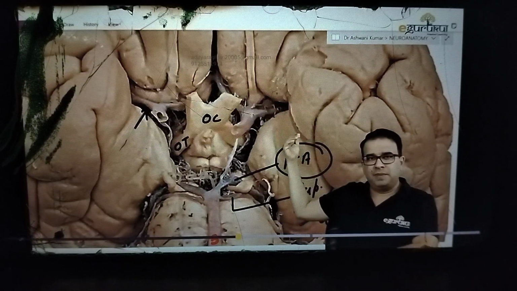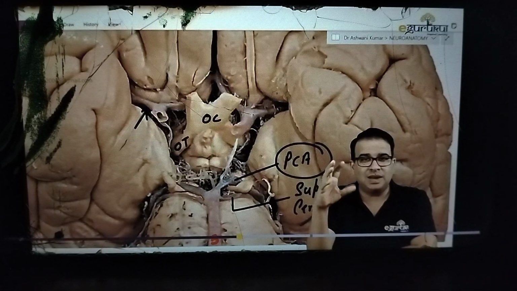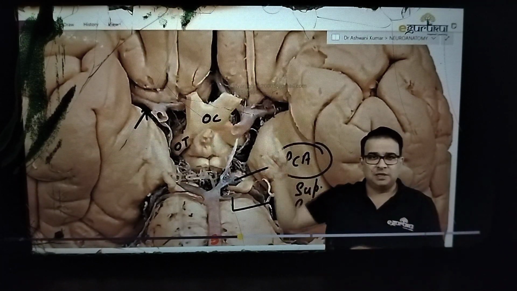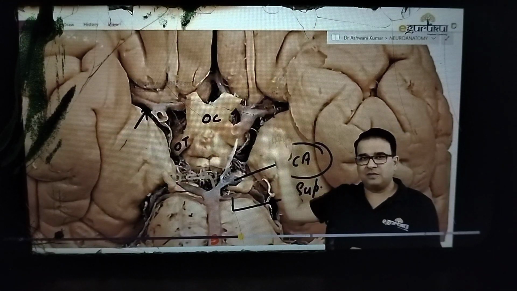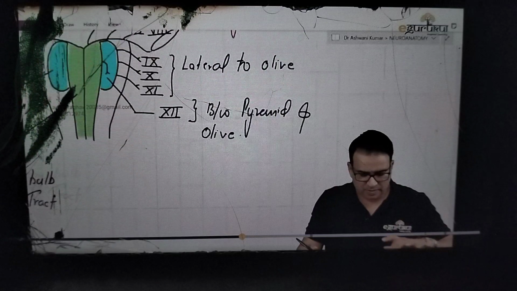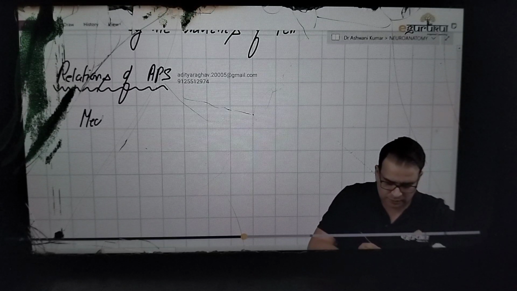And more behind that, or posterior to that, we have a part of the cerebrum called the uncus. If you remember, the uncus was forming the lateral relation of the cavernous sinus, the same uncus. So if the question is precisely about the lateral relation, your best answer is limen insulae, and more posterior laterally we have the uncus present. So if I write the relations of the anterior perforating substance, first the medial relation was what?